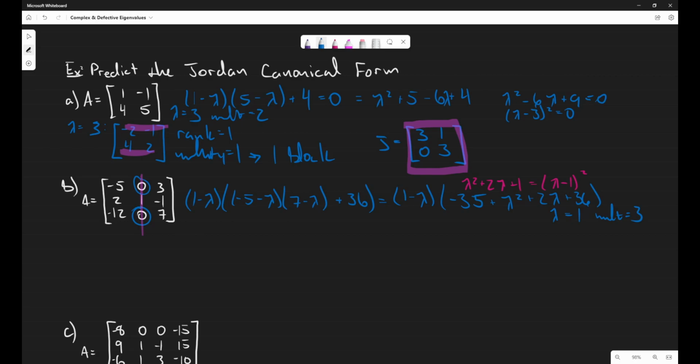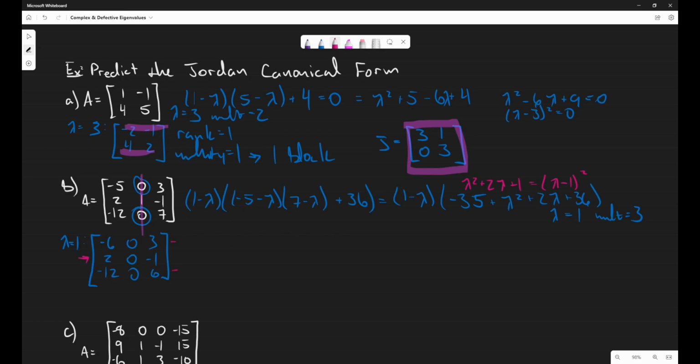It is possible to have defective eigenvalues because we have a multiplicity, but we'll see what happens. When we plug in lambda equal to 1, we will get -6, 2, -12, 0, 0, 0, 3, -1, 6. And again, we can clearly see that the first and third rows are multiples of the second row.